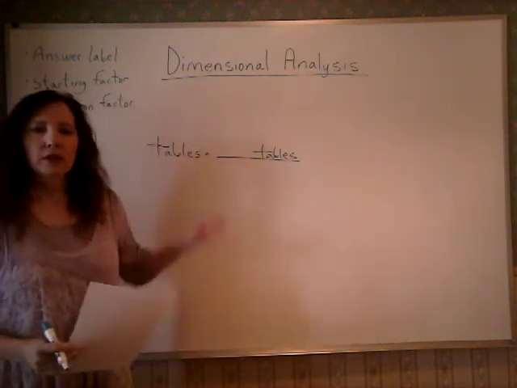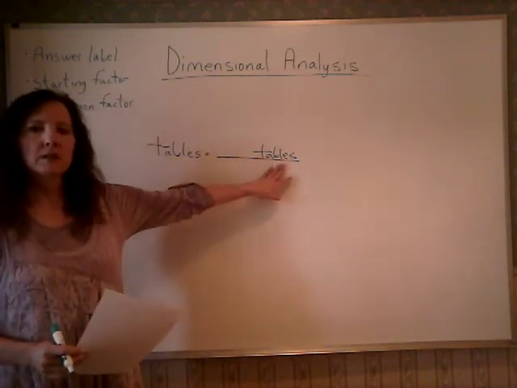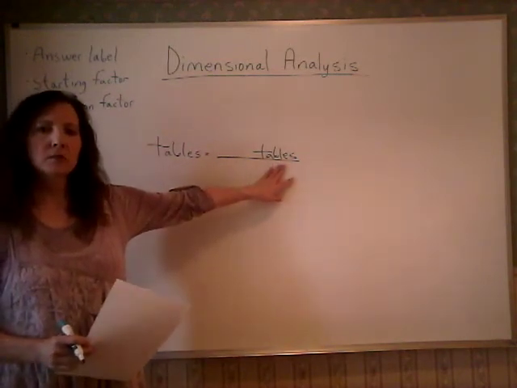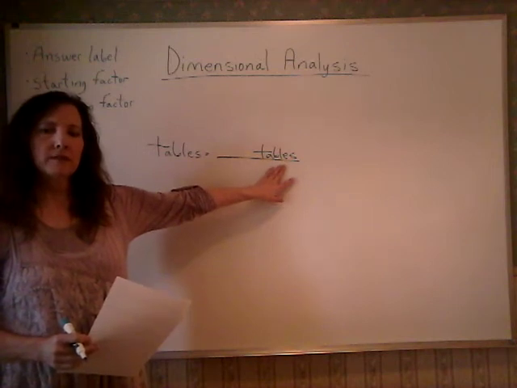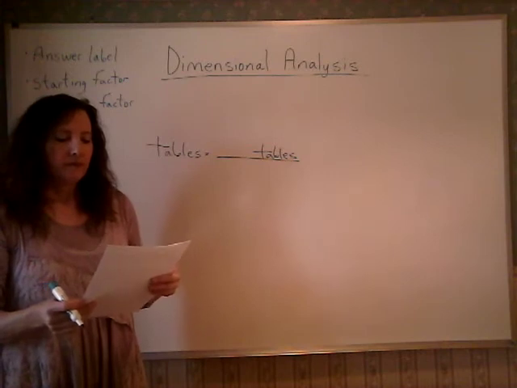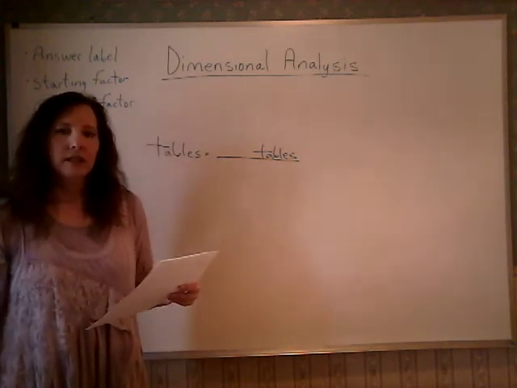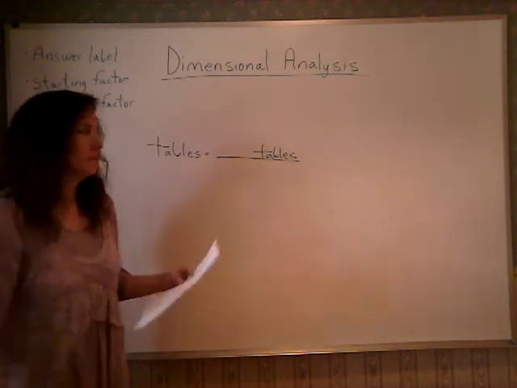You'll see that before I go back to the problem, I make sure to bring tables from the answer label into the numerator of our starting factor. Go back to the problem. Each table can seat 8 people. That's our relationship.